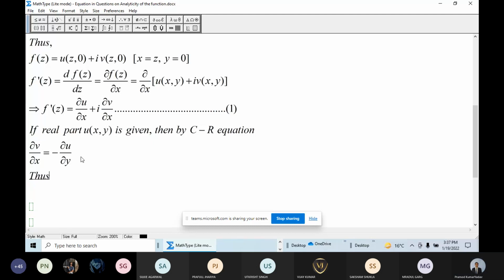Thus, equation 1 will become: f dash z is equal to del u by del x, and del v by del x means minus del u by del y, with the minus sign.